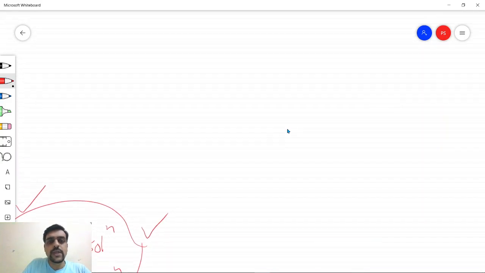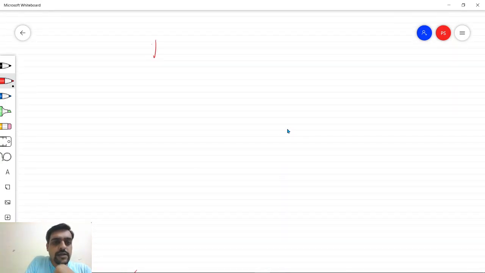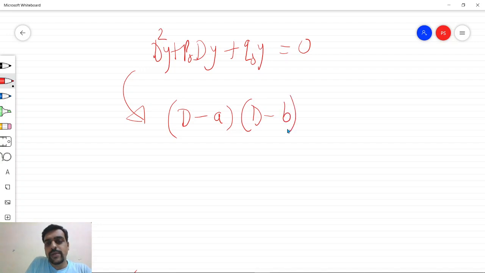So we have already known that the equation d squared y plus p0 dy plus q0 y is equal to 0 can always be converted into this form: (D minus a)(D minus b) y is equal to 0.